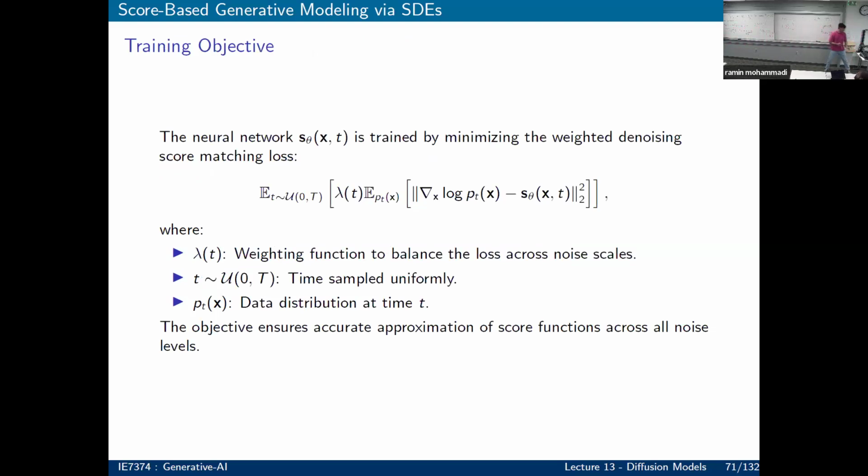So now the training objective becomes basically some expected value of the difference between the actual gradient score field and the predicted score, because this becomes totally score-based training. The only thing we are doing is training a neural network that can predict this.